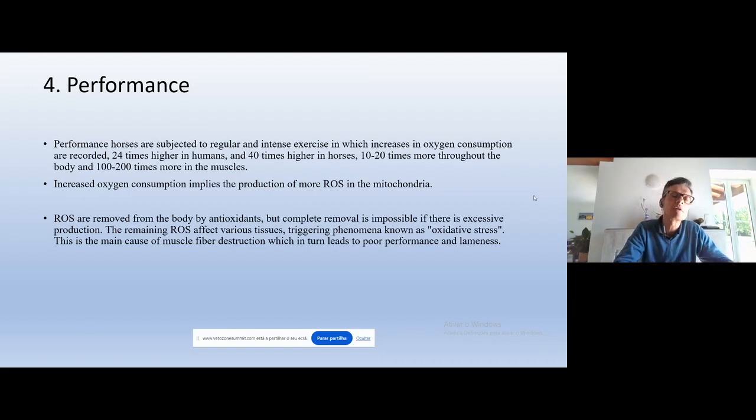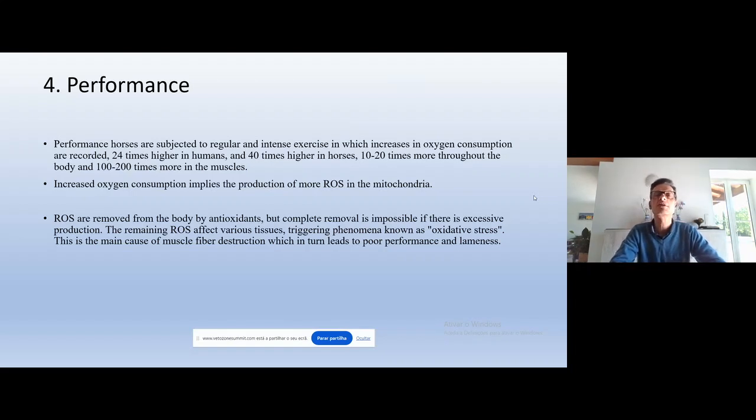On one side the conventional things, and on the other side the ozone. Of course, with exercise, oxygen consumption increases. It's 24 times higher in humans, but 40 times higher in horses, and 100 to 200 times higher in the muscles.